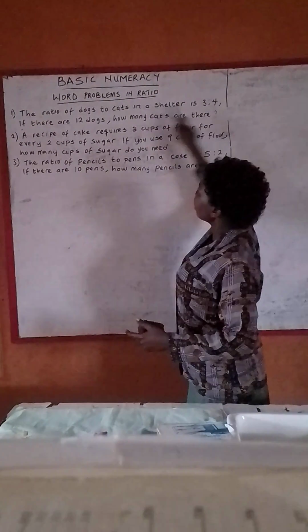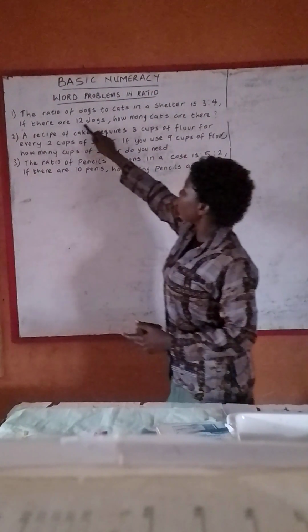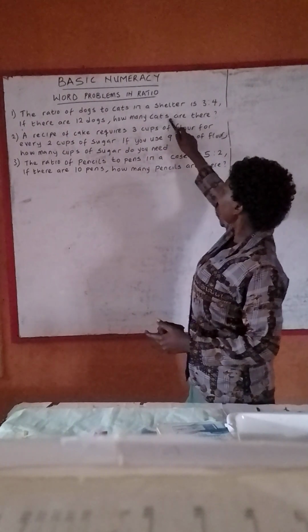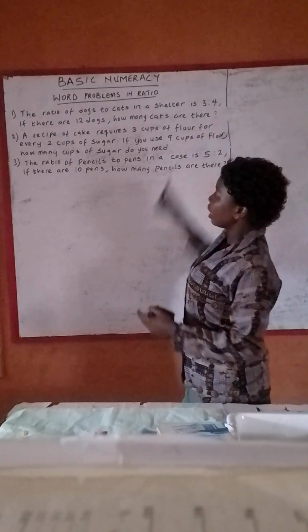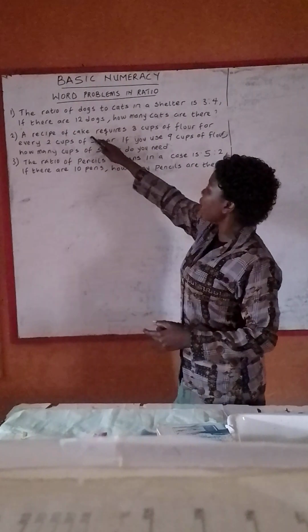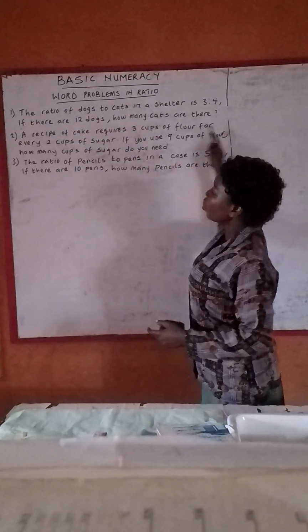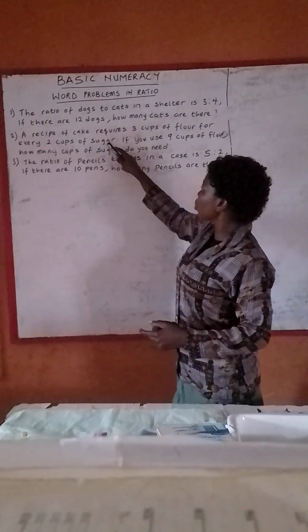Now looking at this, the ratio of dogs to cats in a shelter is 3:4. If there are 12 dogs, how many cats are there? The second question says a recipe of cake requires 3 cups of flour for every 2 cups of sugar.